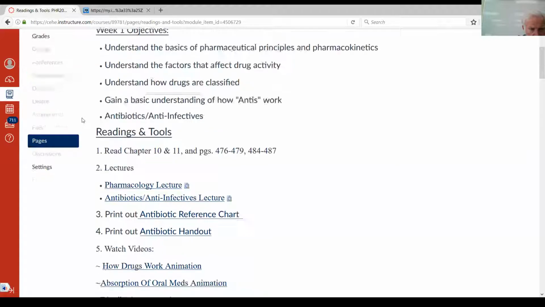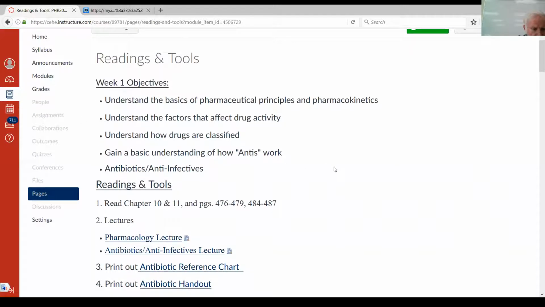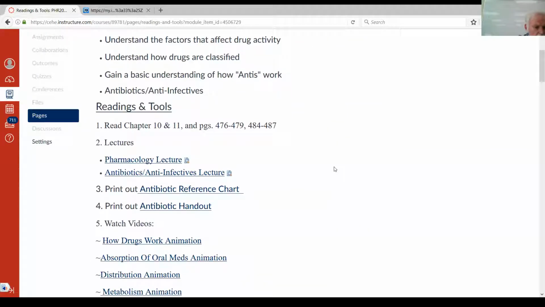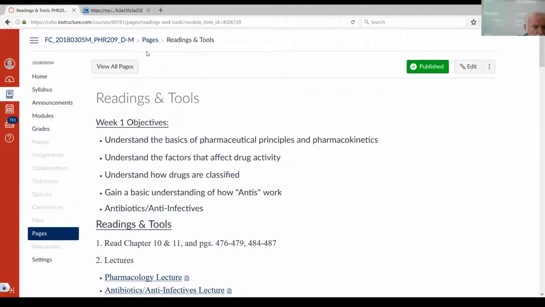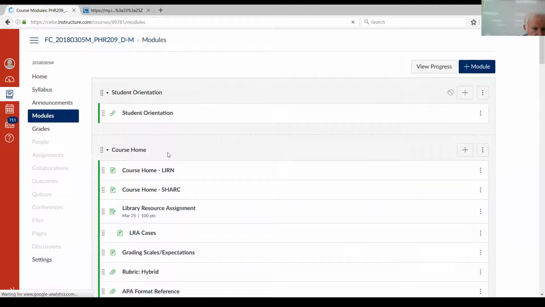So that's basically the outline for this week. We'll be working on that in the same way as we worked on some of the things in 208, except that there are no labs in this class. So let's go back here now.